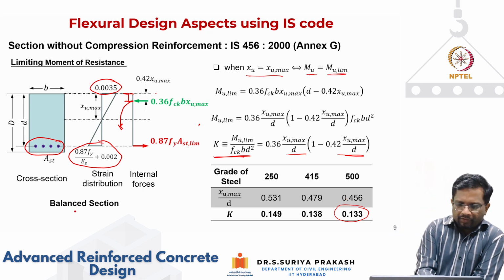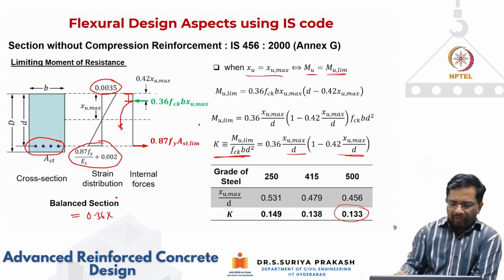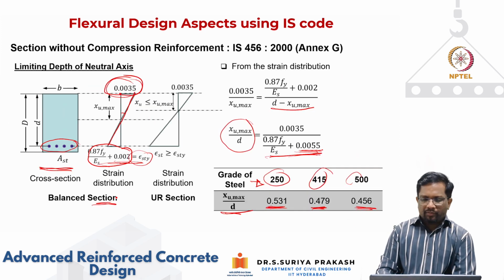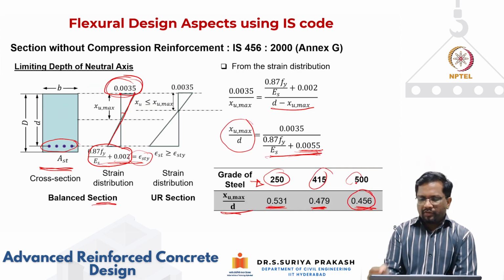So it's going to be 0.36 multiplied by, if you go back, Xu max by d for Fe 500, how much did we get? That was 0.456.